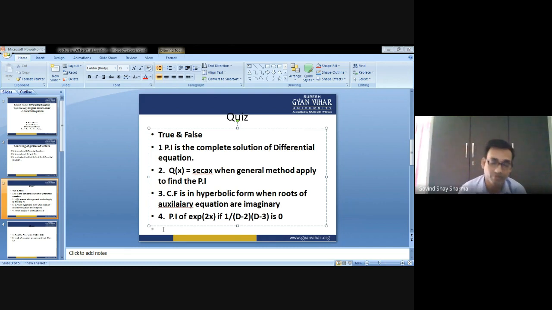I have already told you about partial fractions, and we can write a upon D minus 2 plus b upon D minus 3. Then we find the values of constants a and b, and this 1 upon (D minus 2)(D minus 3) we can write as a upon D minus 2 plus b upon D minus 3. Okay, and then separate the terms.